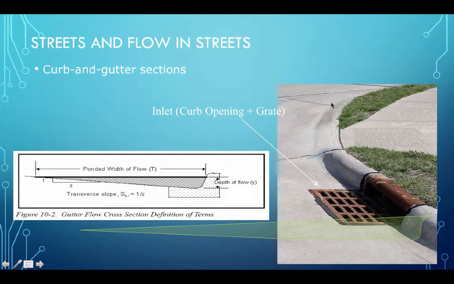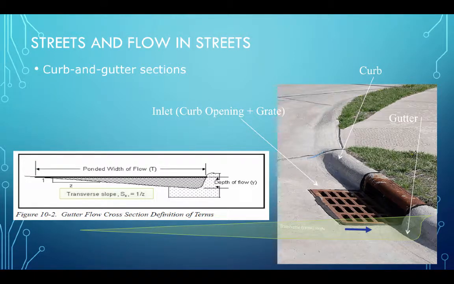And when the flow comes, it looks to me from the photograph like it's intended to come around this corner into the inlet and then from the frontal part of the picture towards the inlet. So the transverse slope or the cross slope is indicated by this blue arrow here, and it's the slope that's going that way. There's the curb.